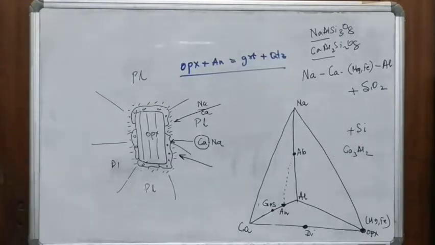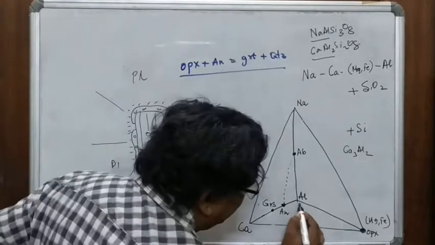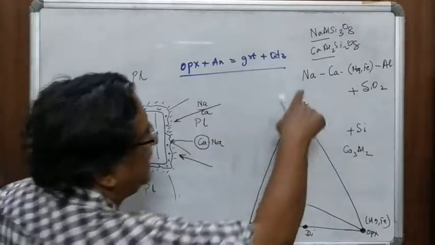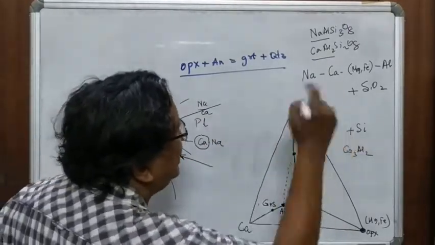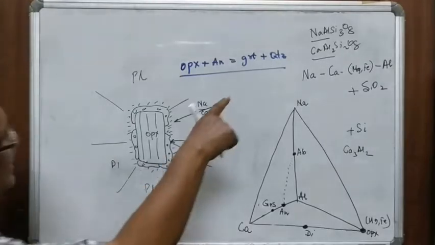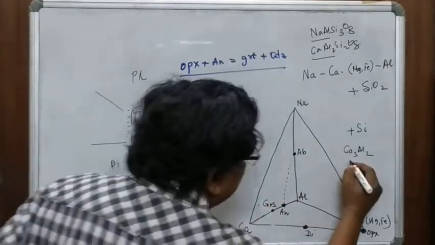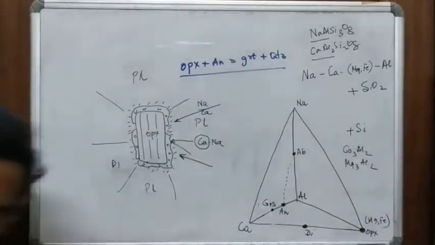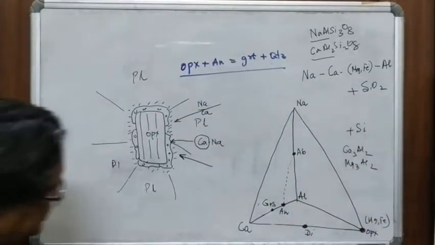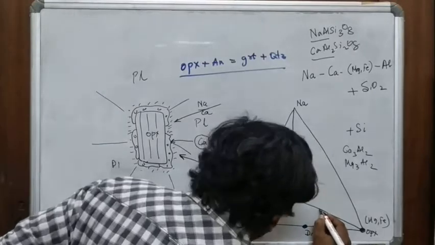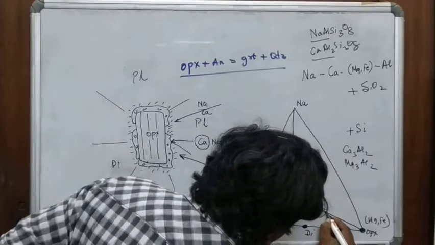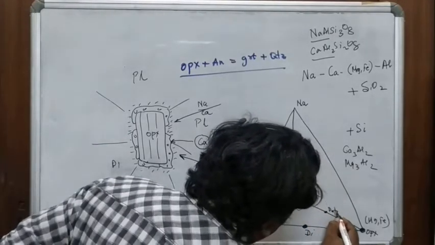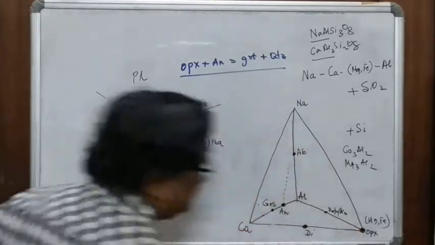Where will be pyrope? Pyrope will be, remember, Mg3Al2. So again, like grossular already derived, this will be Mg3Al2, the same 3 by 5, that means 60%. So this will be somewhere, this will be pyrope or almandine if you want.